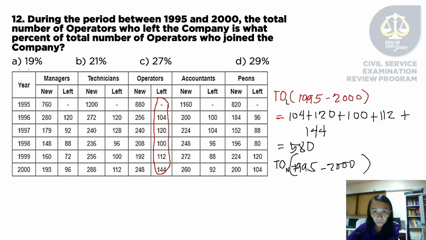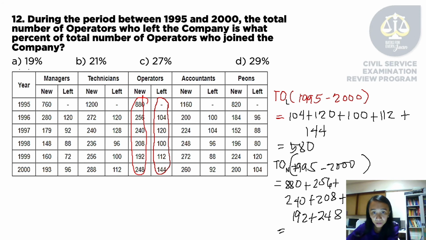So that would be equal to, pag-add lang po natin, 880 plus 256 plus 240 plus 208 plus 192 plus 248. That would give me a total of 2024. Okay? The 580 and 2024 is not the final answer.